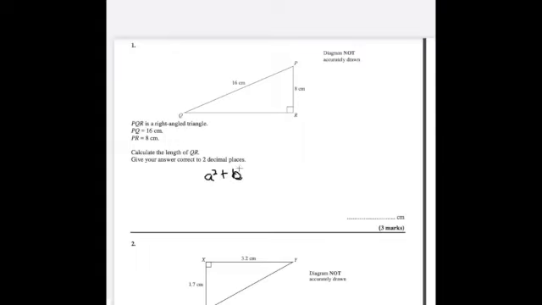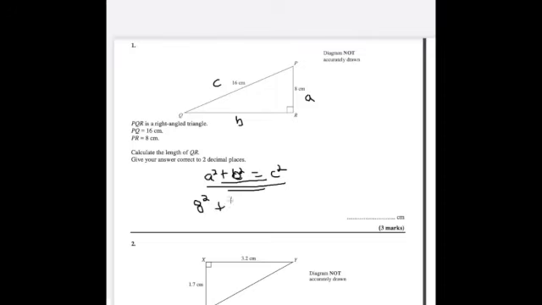So a squared plus b squared equals c squared. What you've got to do is label each side as A, B or C. You always need to know that the diagonal line, which is usually the longest one, is C. So the diagonal line, 16 centimeters, is C, and either of the other two you can label A or B. It doesn't matter which one, just make sure that when you put it into the formula it works out well.